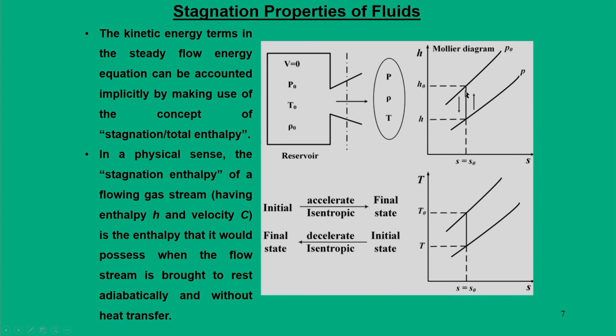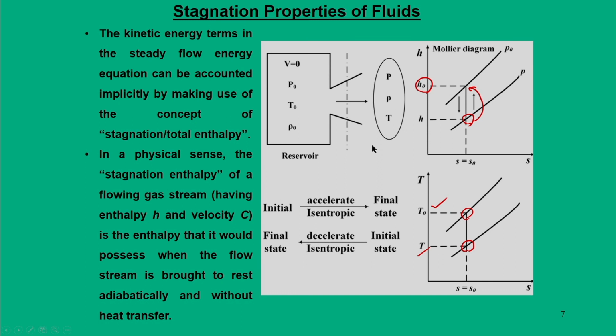That means, by introducing a velocity component for a given flow at an arbitrary state, another property can be defined, which is represented as the stagnation state. So, at any arbitrary state, if your enthalpy is h, its stagnation enthalpy is defined as h naught by introducing these velocity components. Similarly, if the static temperature is T, the corresponding stagnation temperature would be T naught.